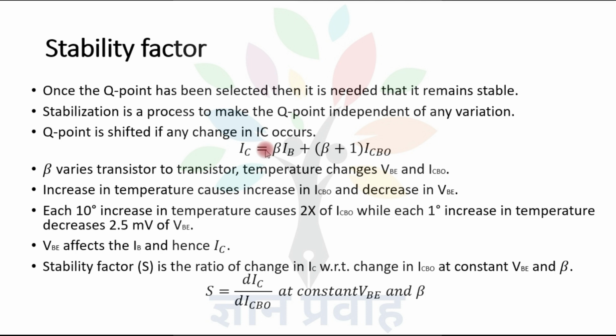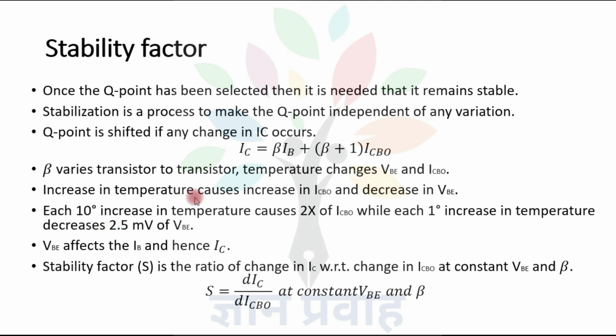It means beta totally depends on the transistor. If two transistors are made using the same material, they may still have different values of beta. It means beta varies from transistor to transistor.